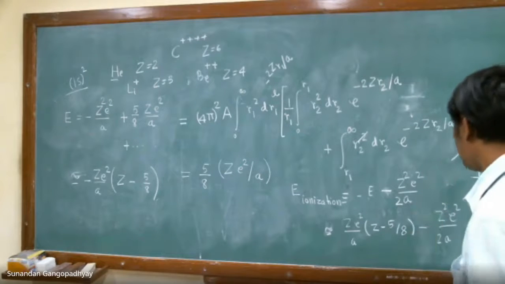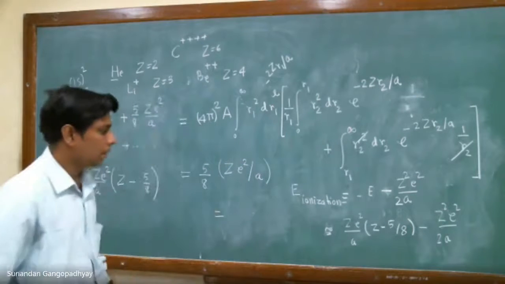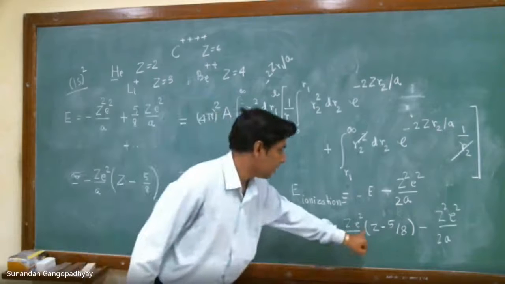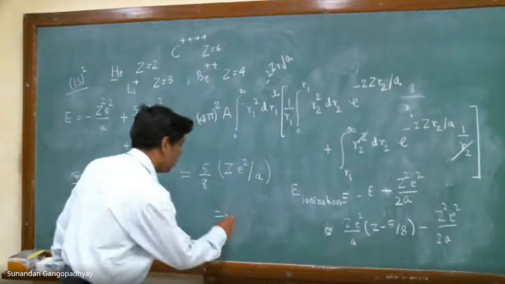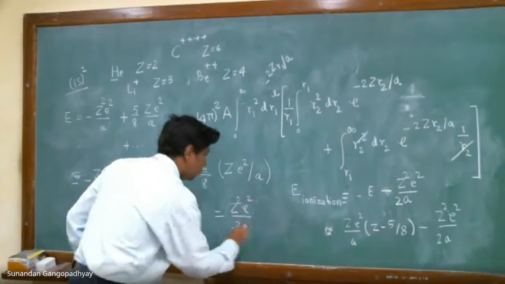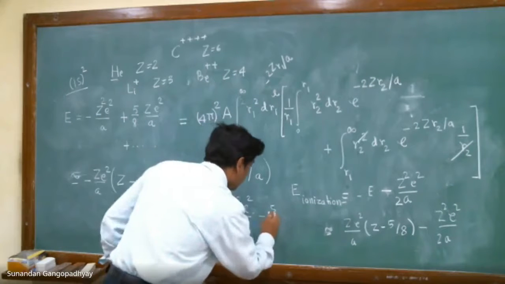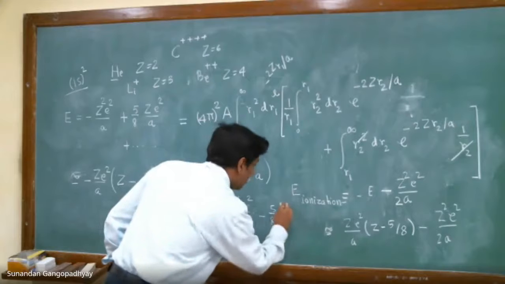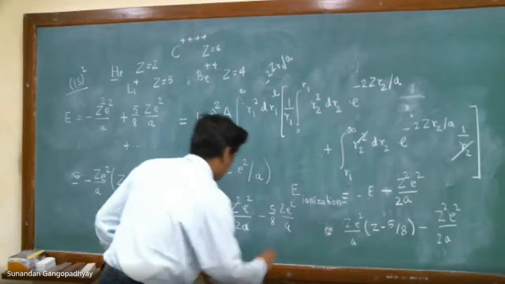Okay, and if you just calculate, this will be equal to z square e square by a, and you have a minus of this, so this will give us z square e square by 2a, and minus 5 by 8 z e square by a.